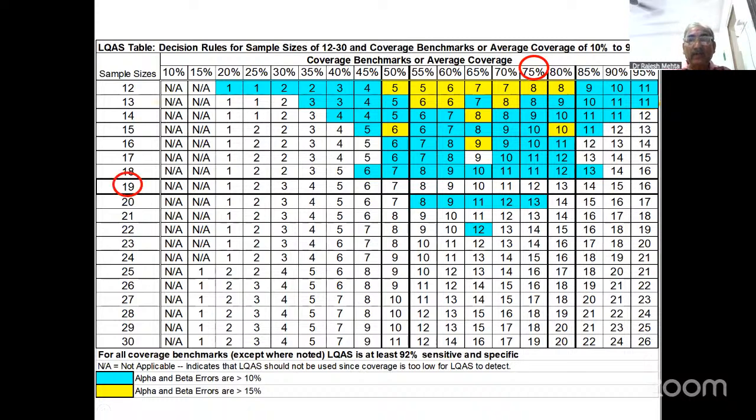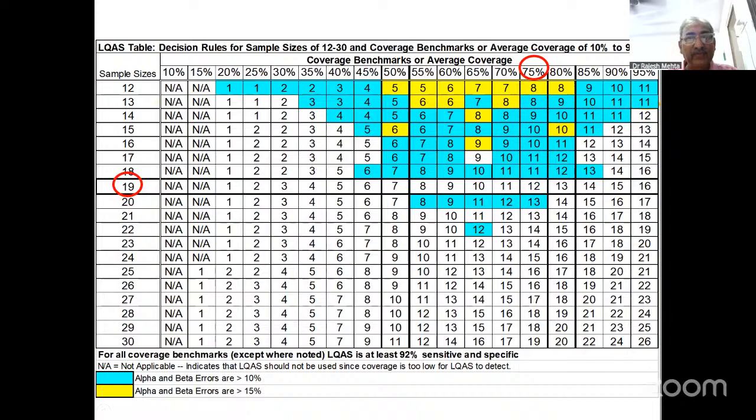This decision rule table, first you look at the first row. This is the sample size, 12, 13, 14, 18, up to 30. We have selected 19, a sample of 19.